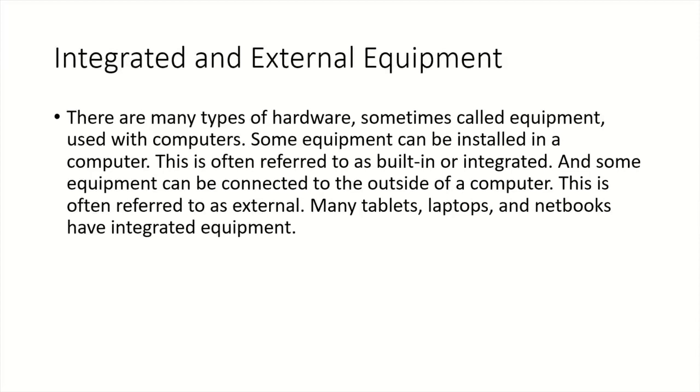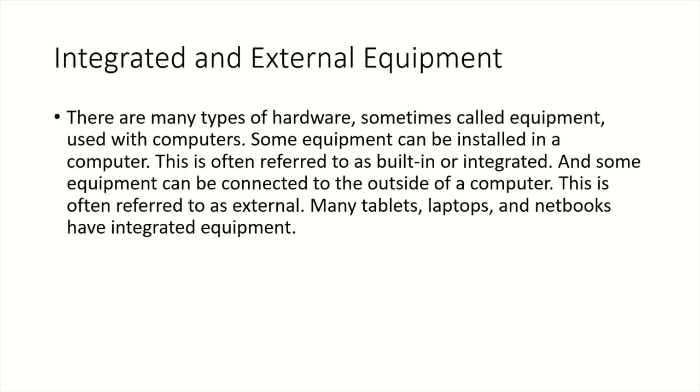We want to look at a few of those that you are expected to know from the curriculum, ICDL, but there are many types. You can do your own research and see other devices or peripherals that are used with computers depending on the different industry applications.